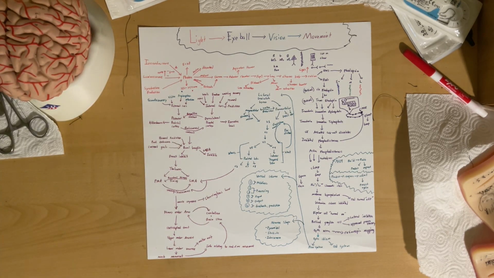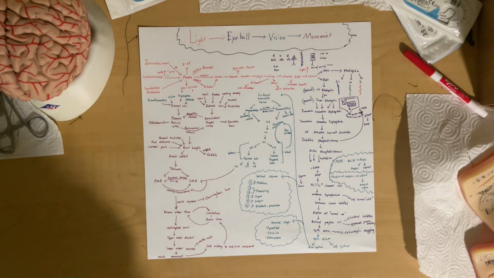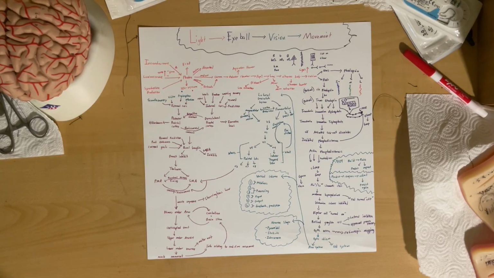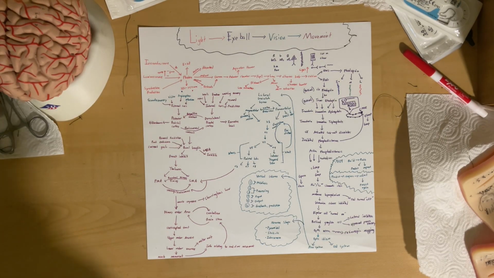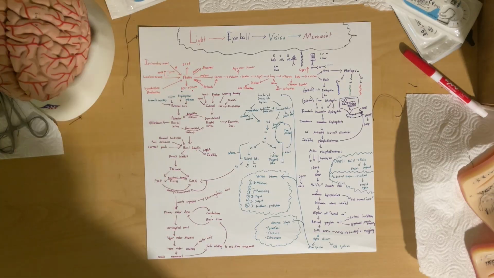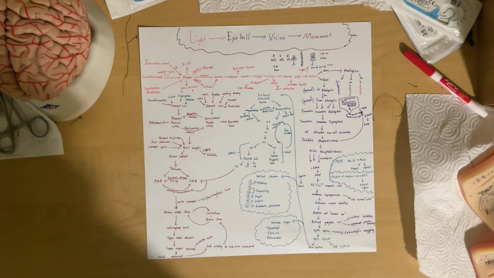Depth perception arises because there are binocular neurons in the higher visual areas that compare the images produced by both eyes. The closer an object is, the more disparity there is between what is seen by both eyes, and the farther it is, the less disparity you'd see.